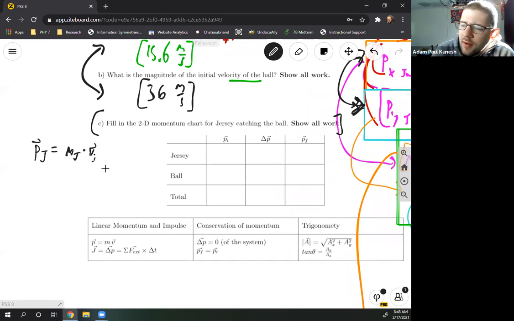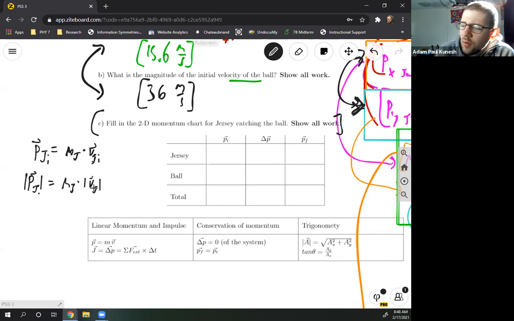Jersey's velocity vector is initially oriented 60 degrees above the horizontal. So whatever I draw in for Jersey here, her momentum vector, it should also be oriented 60 degrees up from the horizontal. The magnitude of this momentum, magnitude Pj initial, is just going to be the mass of Jersey times the magnitude of the velocity of Jersey.